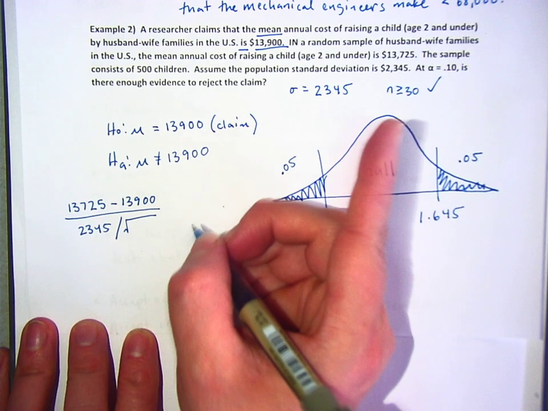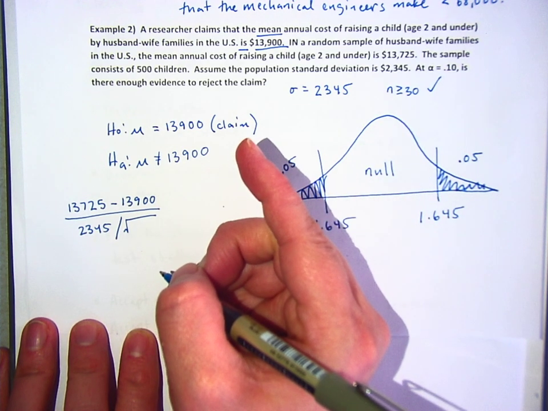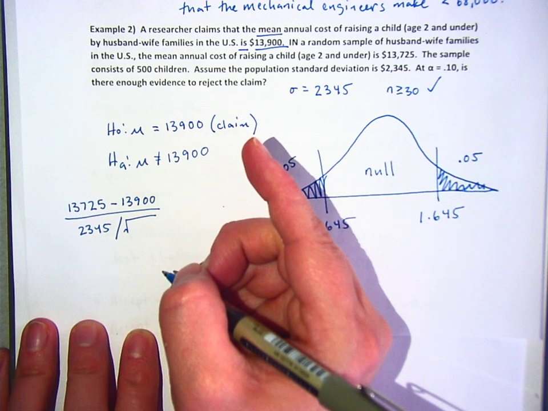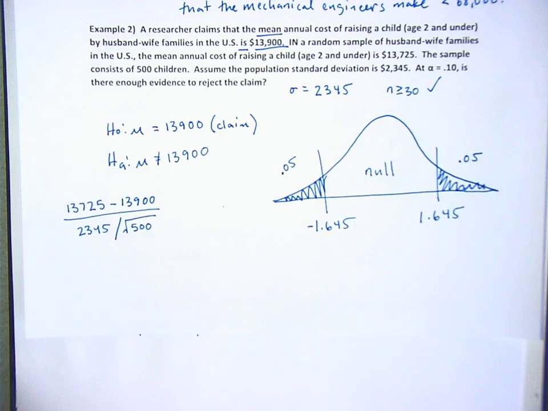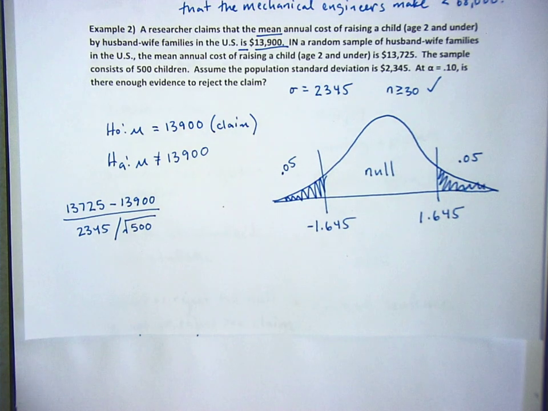Or just n? How many children did they look at? 500. It was bigger than 30, but it wasn't 30.